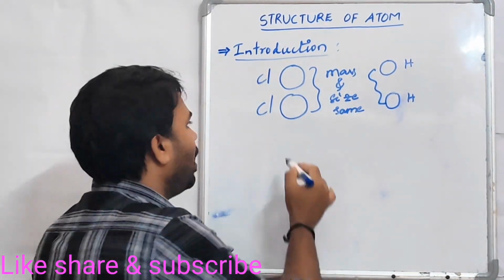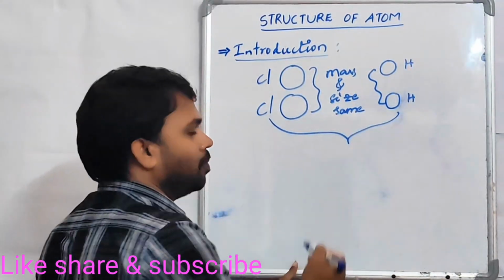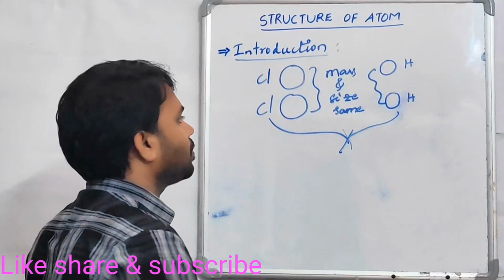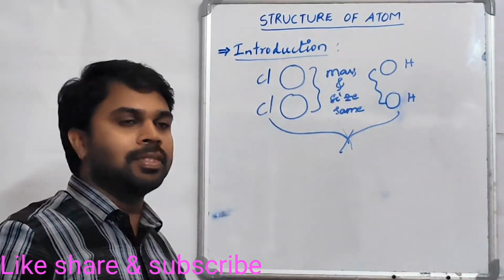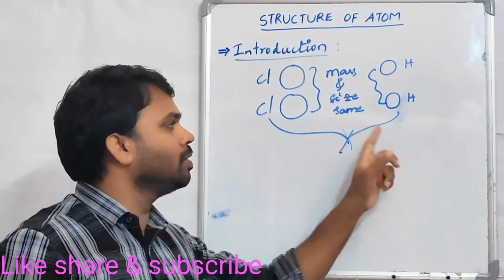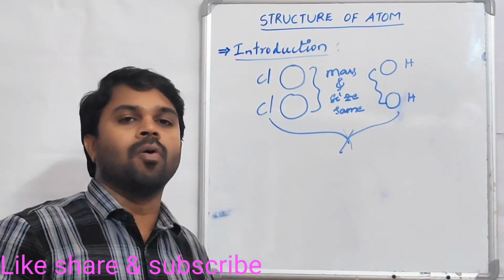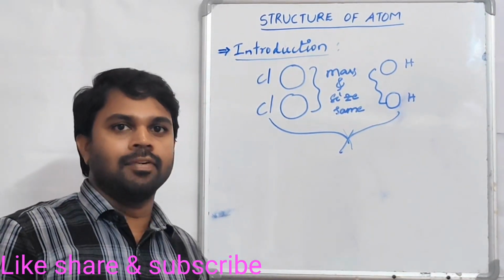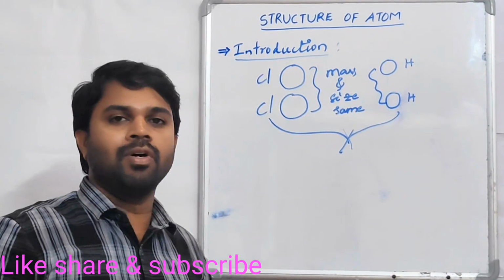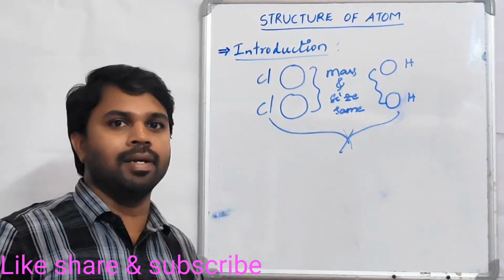But when chlorine is compared with hydrogen atom, mass is different, size is different. So, atoms of the same element show the same properties, atoms of different elements show different properties. Properties like mass, physical properties and chemical properties. Let's see one more example, then you can get a clear idea about this.